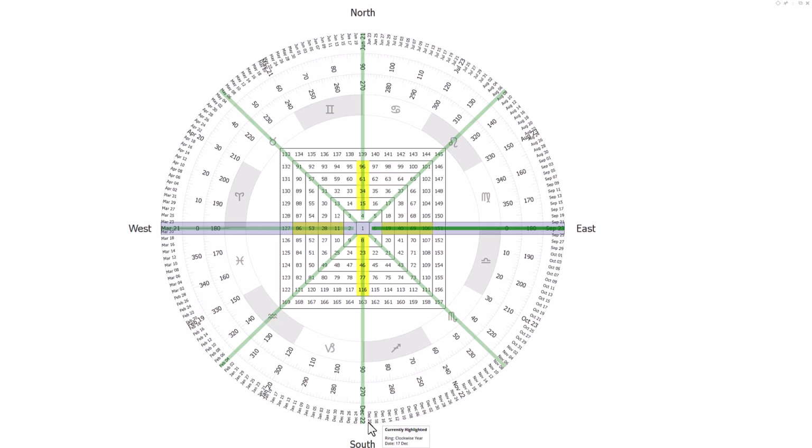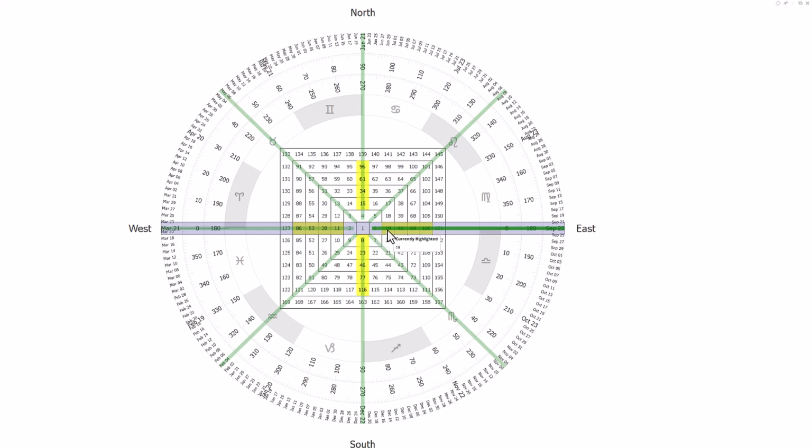You go 270 degrees to the winter solstice, and then you're back to ground zero, or 360 degrees, March 21st. That's how, when we say 360 degree increments, that's what we're talking about.